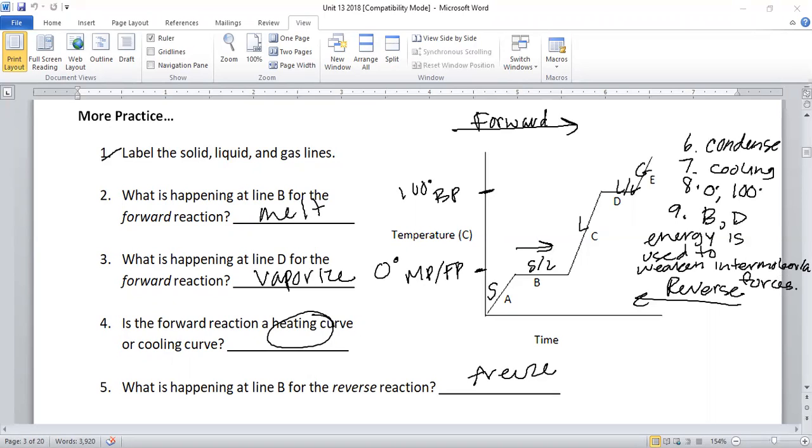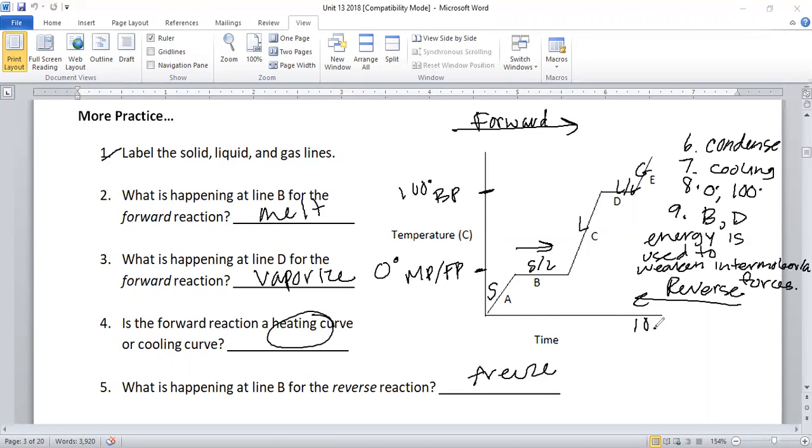I did not say strengthen because strengthen is only for a cooling curve. So weaken intermolecular forces, and then it can change phase. If you wrote phase change, that should be fine too. All right, 10.